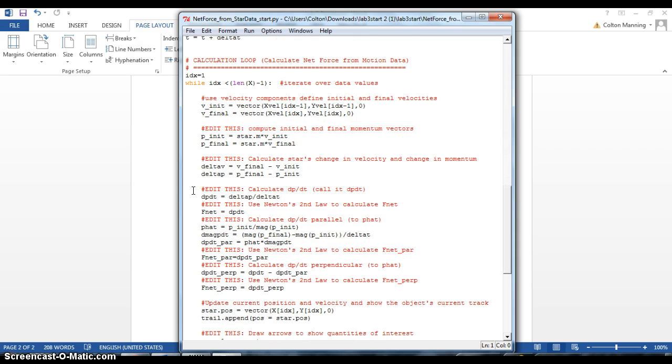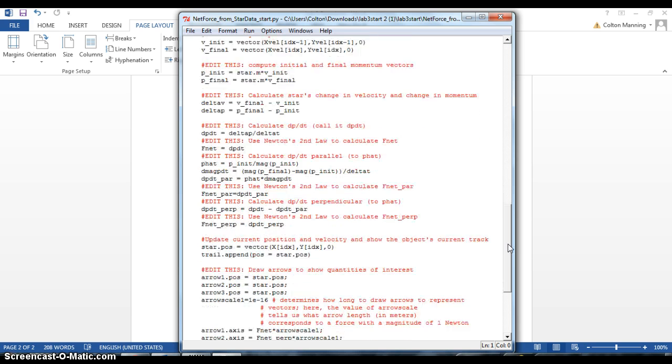Now here we're given that FNet is equal to dp dt, which was previously stated on the document shown. We also find that FNet parallel is equal to dp dt parallel, and perpendicular is equal to dp dt, FNet minus dp dt parallel, which is the FNet parallel. So FNet perpendicular is equal to dp dt perpendicular.